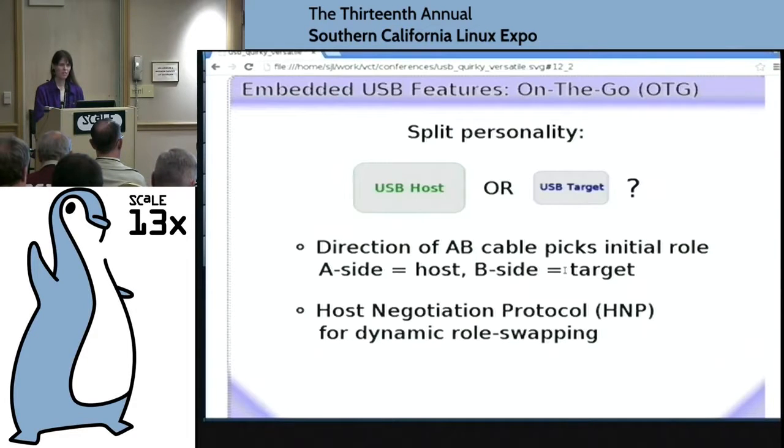So let's say you have your cable and you hook it up, and device 1 over here gets to be the host first, and device 2 gets to be the target first. It's like you have a couple of kids who are playing dictator and minion, and then the one who's playing the minion after a while says, you know, I'm tired of being the minion, I want to be the dictator. And then they can negotiate to swap roles without physically unplugging the cable and turning around the cable.